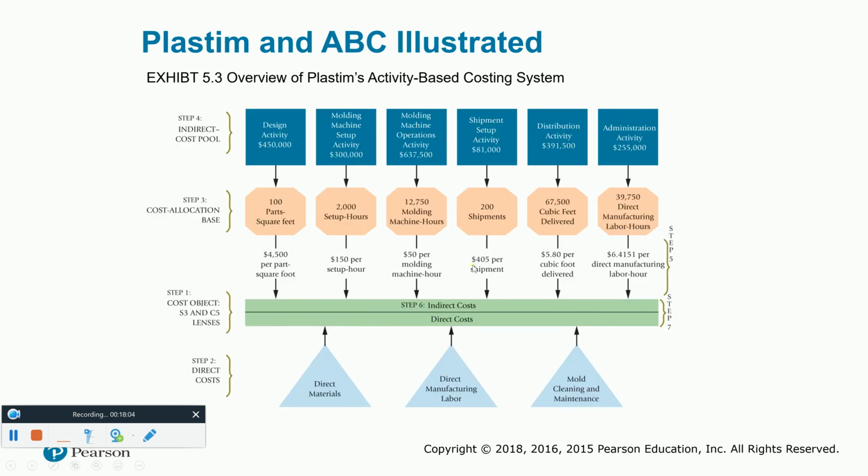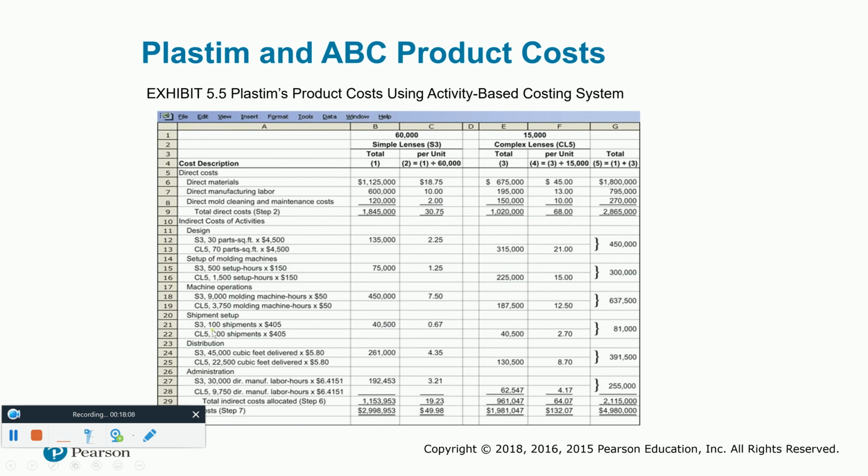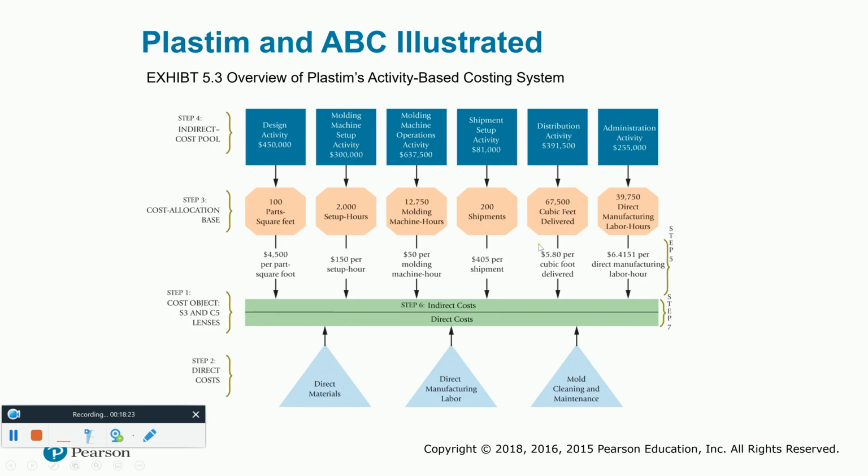Here it is, $405 per shipment. So if we come here, 100 shipments times 405, 40,500. And the complex lenses, the same thing, 100 shipments times 405, 40,500.